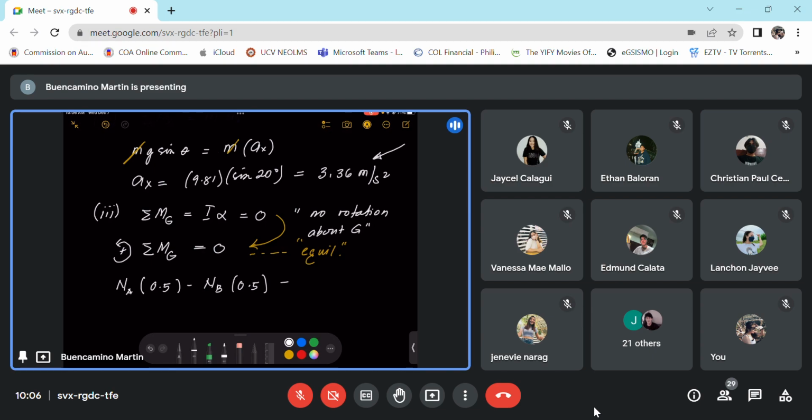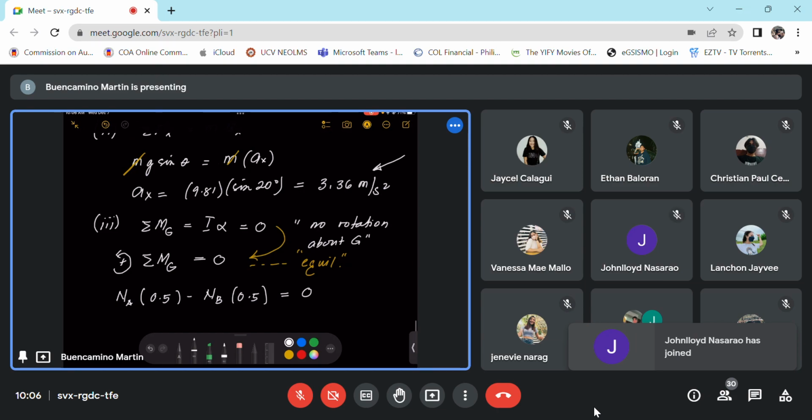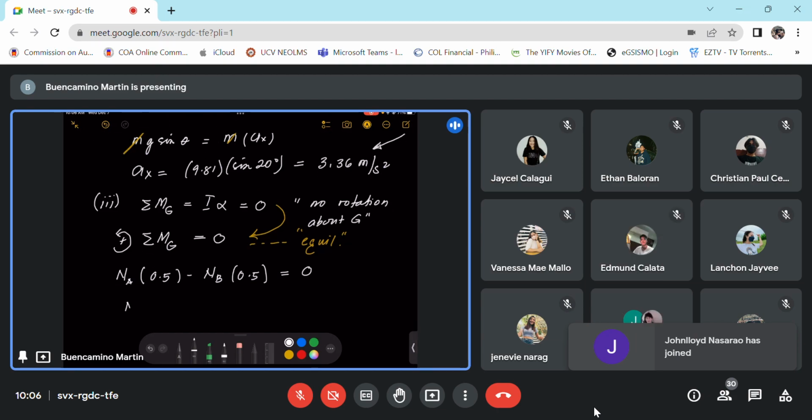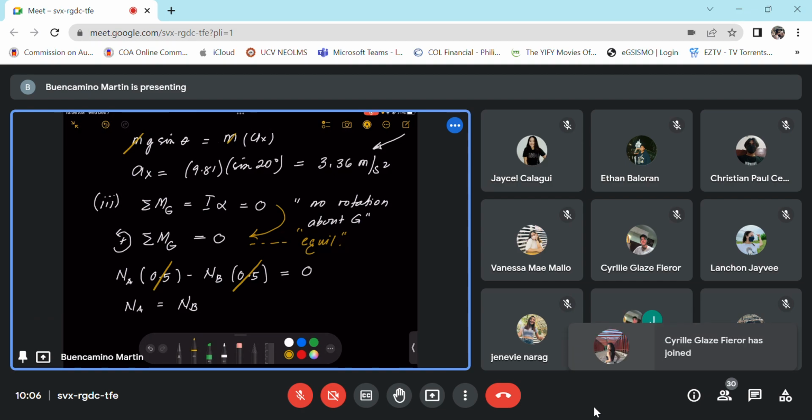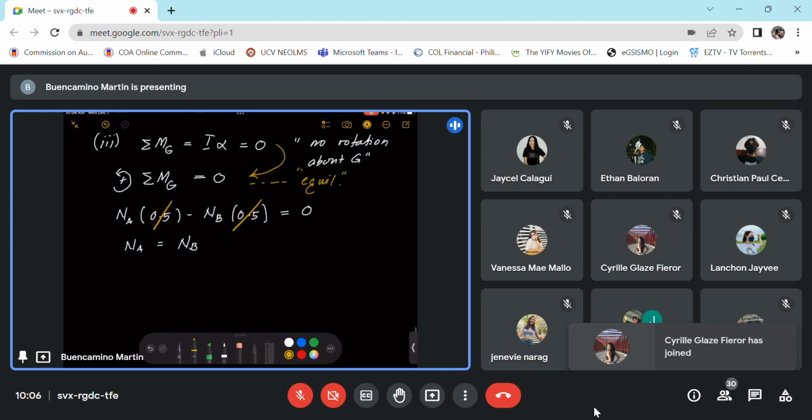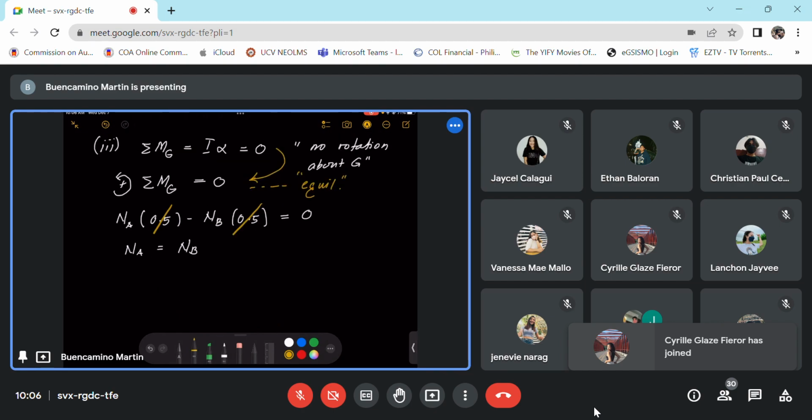And the sum of the moments at G must be equal to 0. Therefore, we have the expression NA is now equal to NB. They cancel here. And so we let this be equation 2.